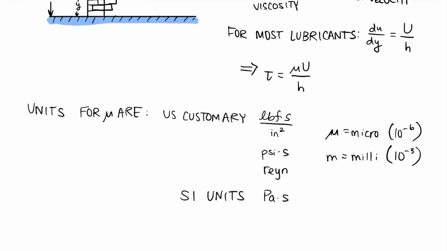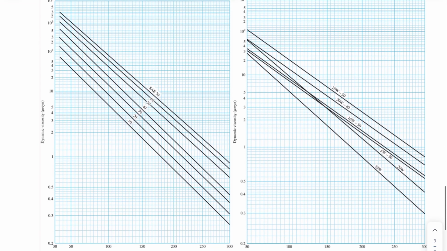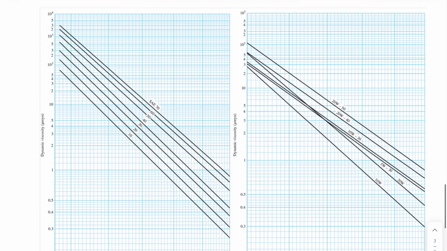So, speaking of dynamic viscosities, let's take a look at some common dynamic viscosities of lubricants. First, I like to look at this chart on the right here and ask if anybody knows the meaning of this W in 20W50. Or for my car, my Subaru Forester, it takes 5W30.